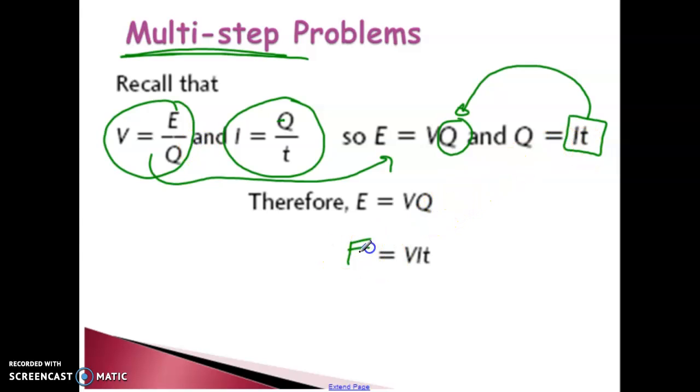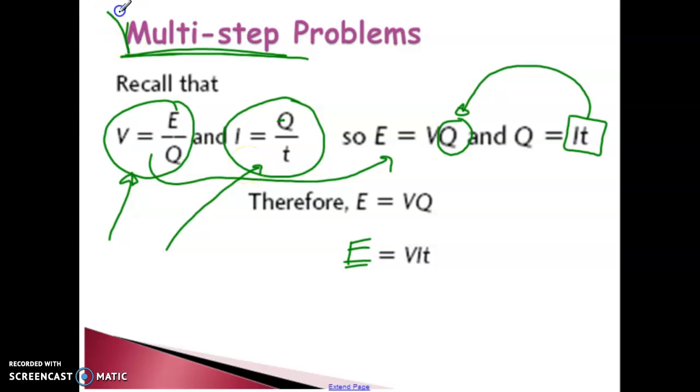So E can also be equal to voltage times current times time. You do not have to use this formula. You can actually keep them as two separate formulas. I'll show you what I mean once we start getting into examples.